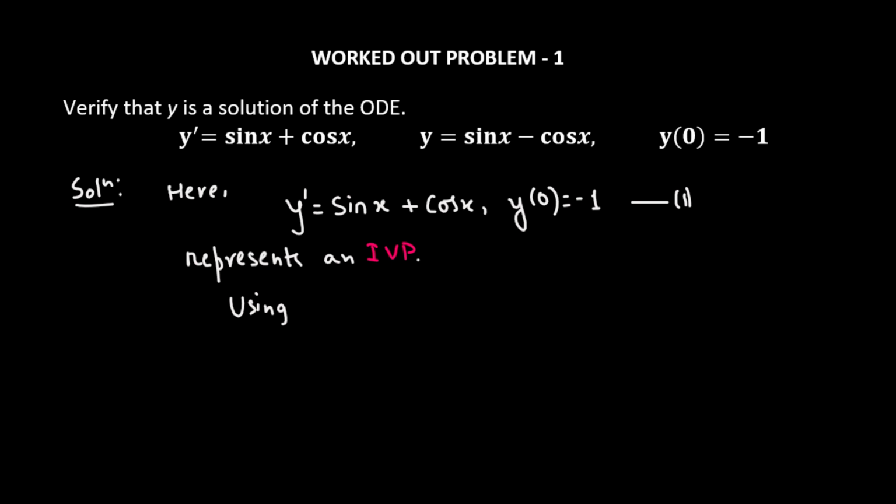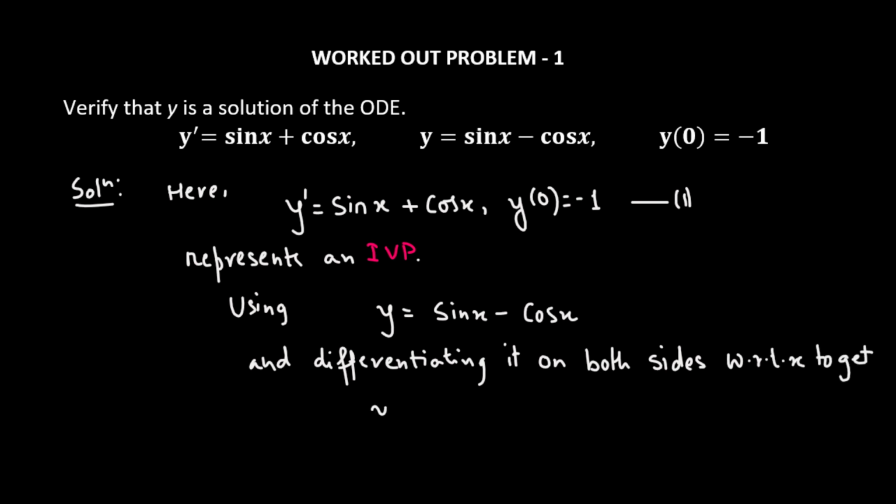Now using y equals sin x minus cosine of x and differentiating it on both sides with respect to x, we get y prime equals the derivative of sin x, which is cosine of x, plus the derivative of negative cosine of x, which is negative negative sine x, so we have plus sine of x, which satisfies the differential equation.